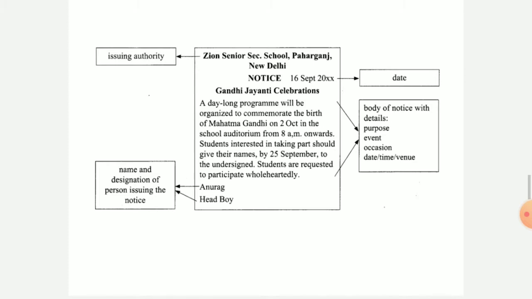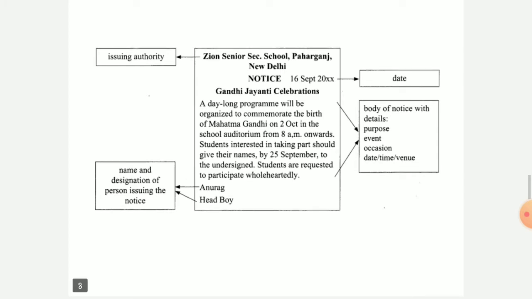Remember, the body of the notice should consist of details: purpose, event, occasion, along with date, time and place. I repeat one more time, the body of the notice comprises purpose, event, occasion, then obviously date, time and venue. All these details are specifically in the body of the notice. And the name of the issuing authority is at the very end, as you can see here.